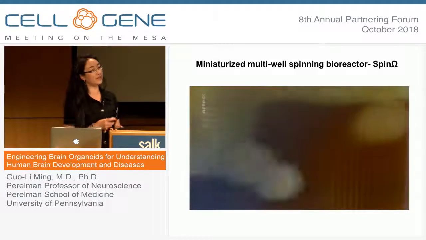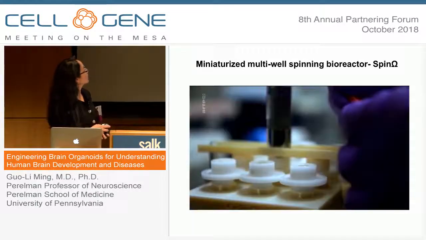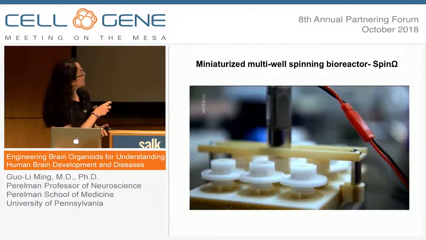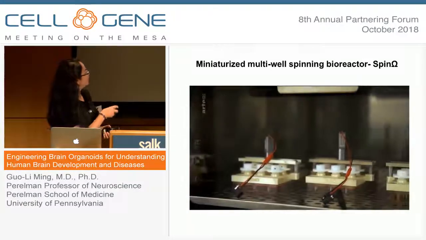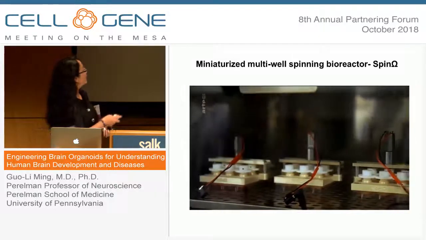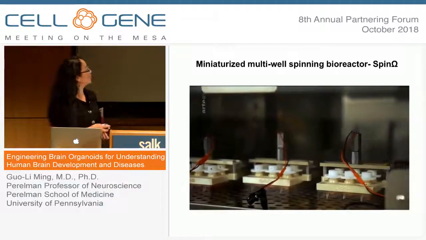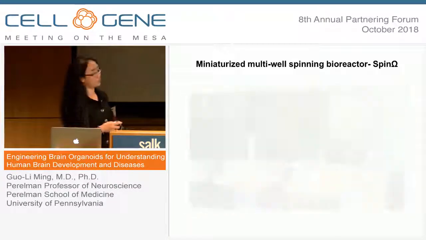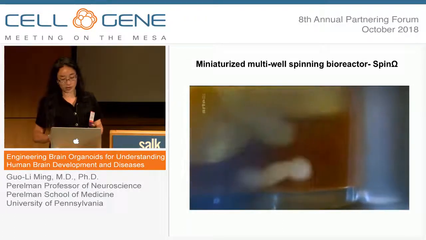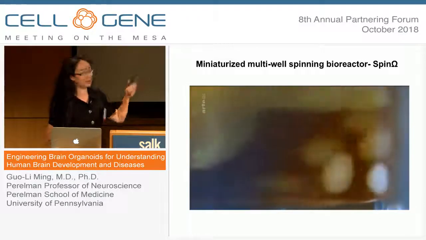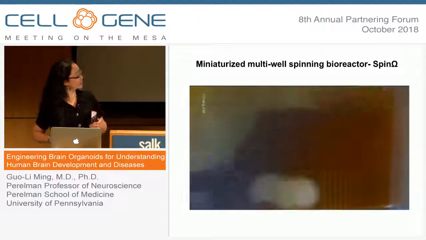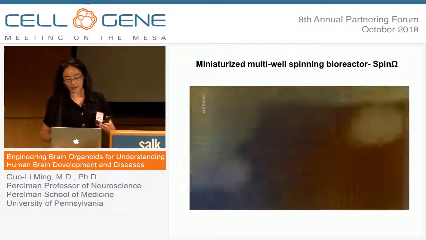Actually, it's designed and worked out by high school students to design these spin bioreactors, miniaturized, directly adapted to 12 well plates, and you can grow these organoids using these spinning bioreactors. On this platform, you can see clearly the organoids growing and spinning in the media in these bioreactors.